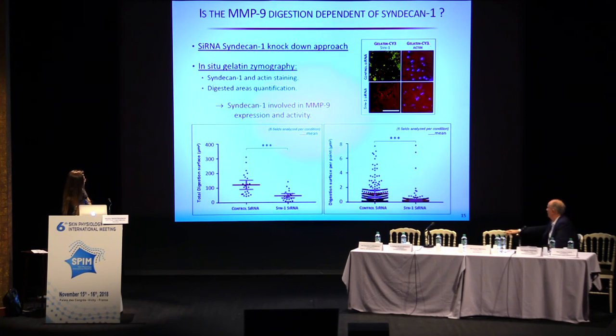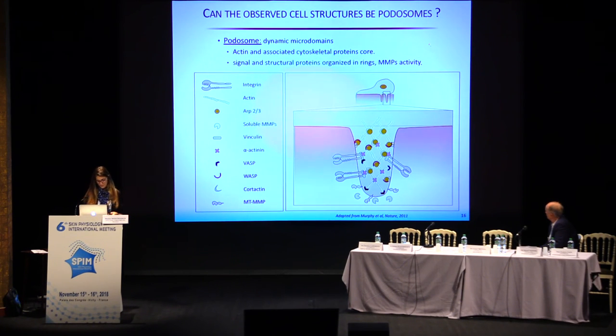Moreover, the quantification of the digested areas revealed that the lack of Syndecan-1 drastically decreased the total digestion surface, but also the digestion surface observed per point. So this result suggests that Syndecan-1 is involved in MMP9 expression and activity.